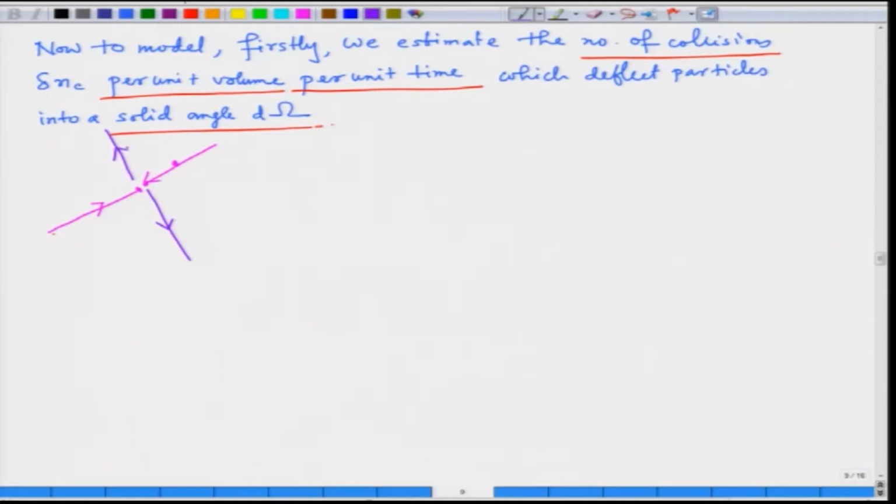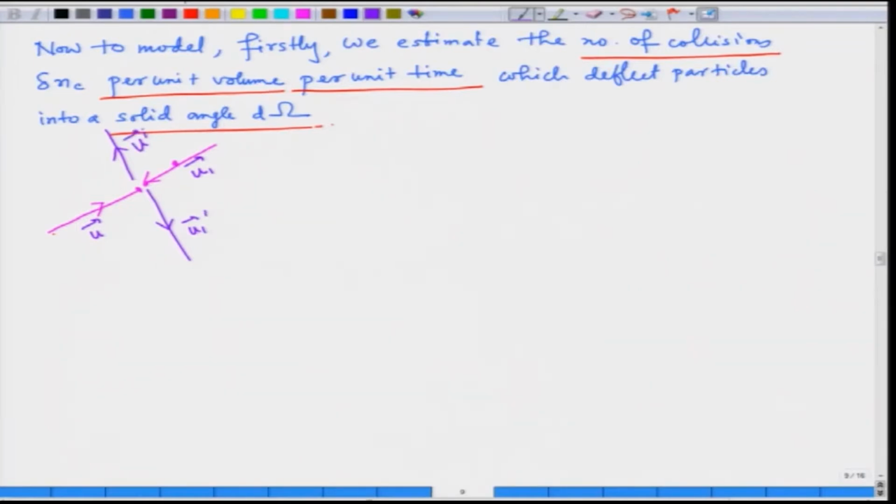If it was u1 and u, then this one becomes u1 prime, so this one got deflected into this and this one deflected into u prime.